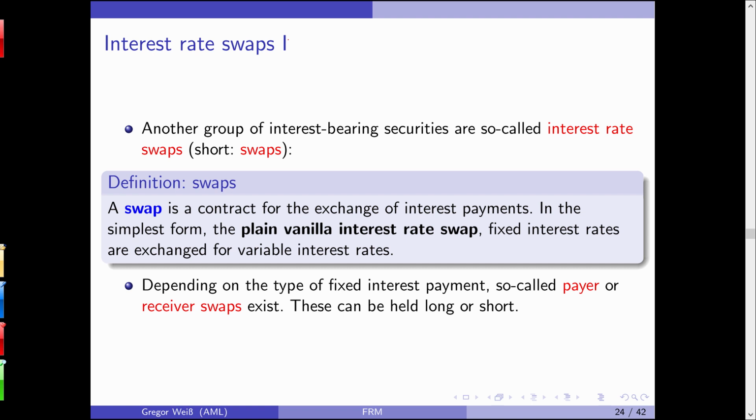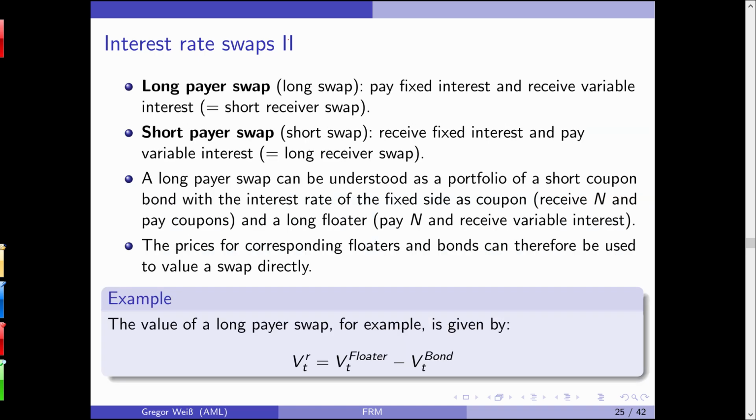So depending on the type of fixed interest payment, you have either a payer swap or a receiver swap. And these can all be held long and short. For example, a long payer swap is also equal to a short receiver swap, or just a long swap.